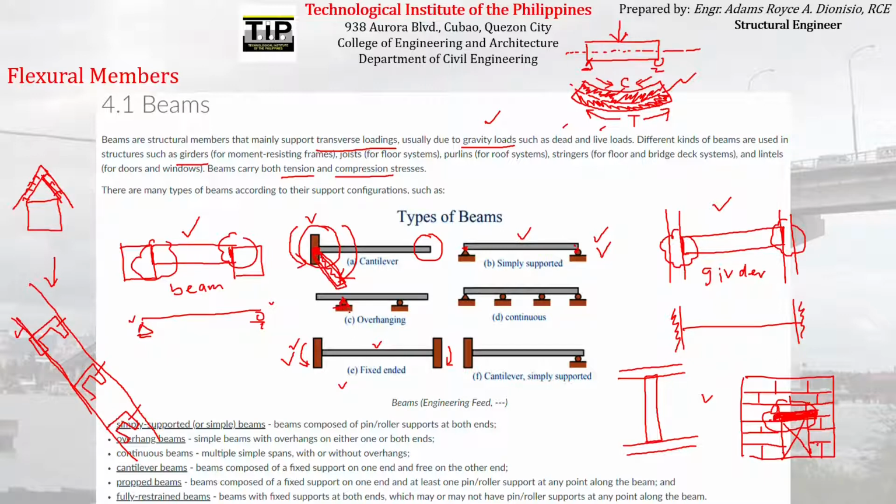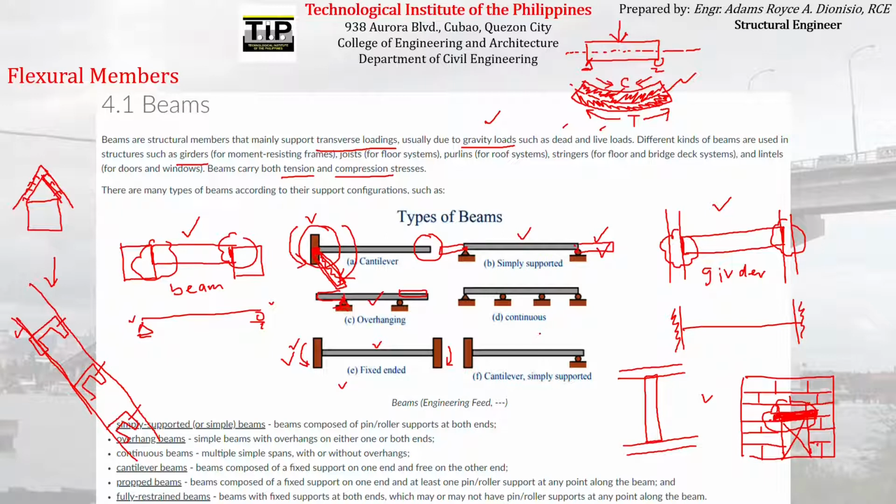Simply supported beam lang din yan yung overhanging beam. Ang nangyari lang, from simply supported, nag-extend ka lang dito ng span. Okay? So, may naka-overhang. That's why it's called overhanging. Okay? So, pwede siyang mag-extend on one end lang or on both ends. Just like what you are seeing here. Nag-extend siya on both ends. So, nagkaroon ng dalawang overhang.